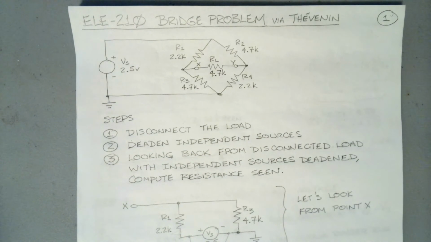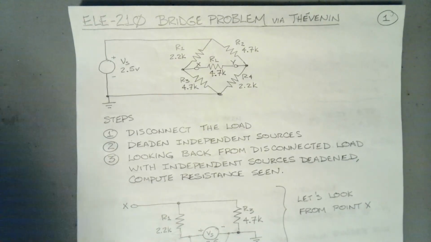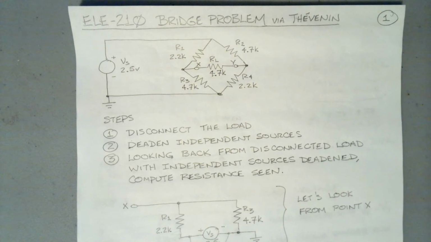Yes, this is week 3, circuit theory 1, Thevenin's theorem under readings. So, it says Thevenin's theorem solution of resistive bridge circuit. So here's our circuit. You know, this is a classic Wheatstone bridge type of thing.